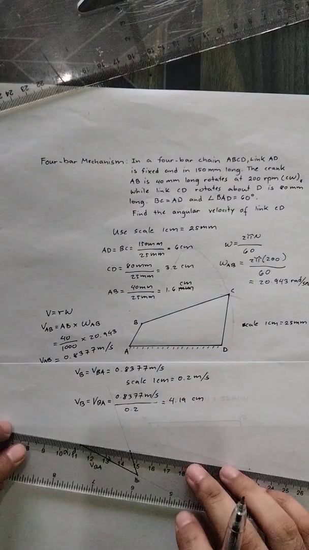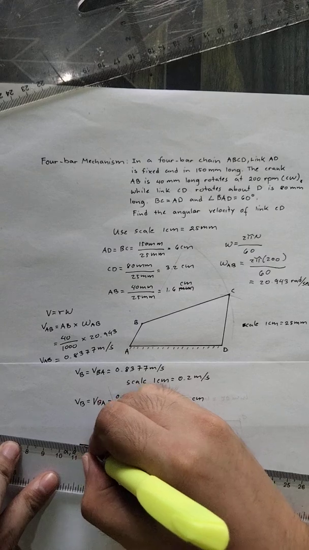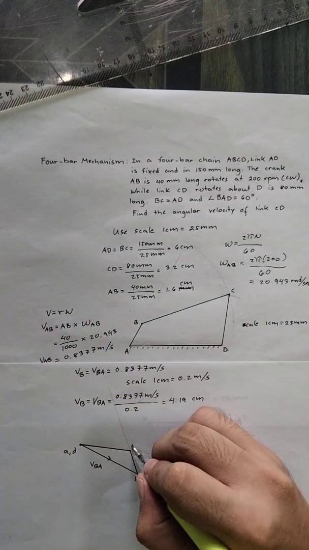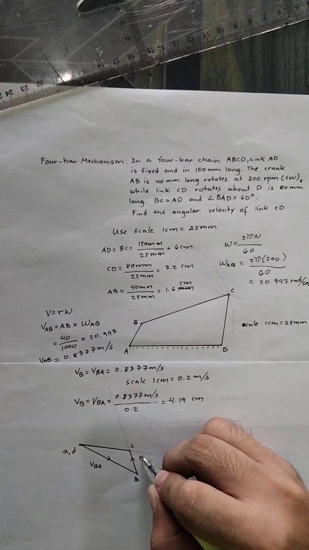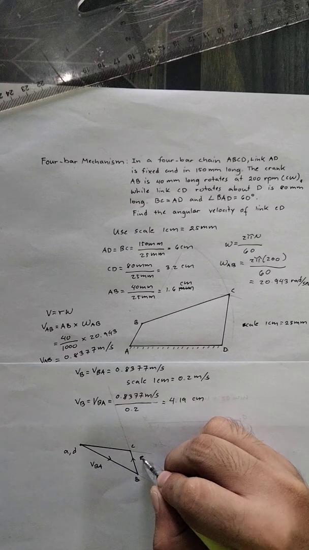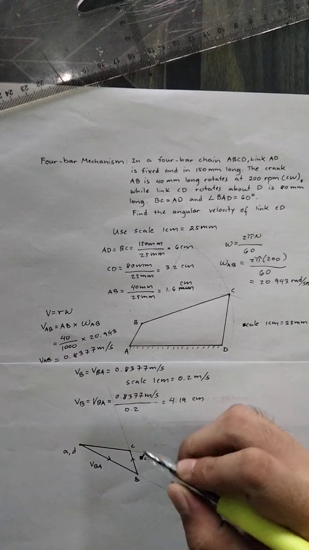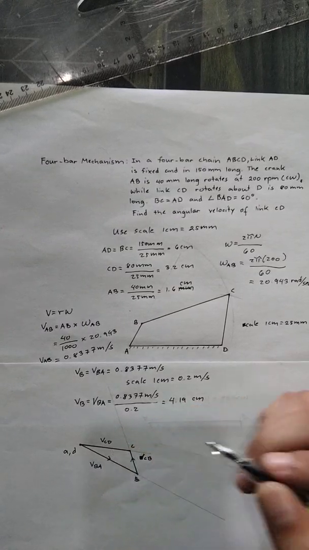Connect the point, then connect this point here. Okay, so this is now your C. Okay, so this is now your velocity of B, or velocity of C. Velocity of C relative to B, and this is the velocity of C relative to D.